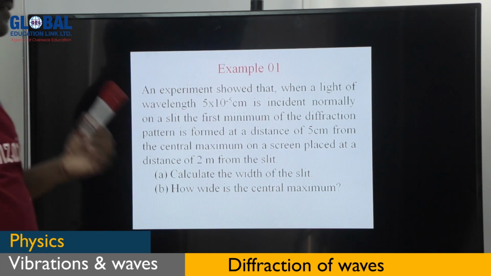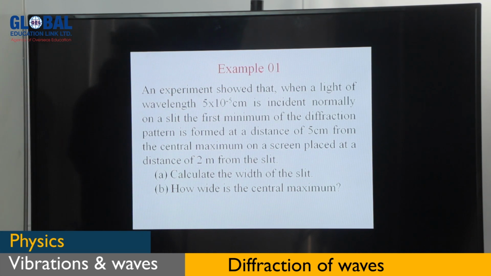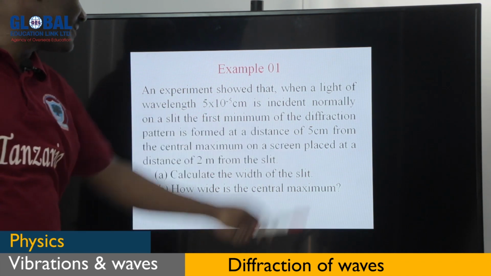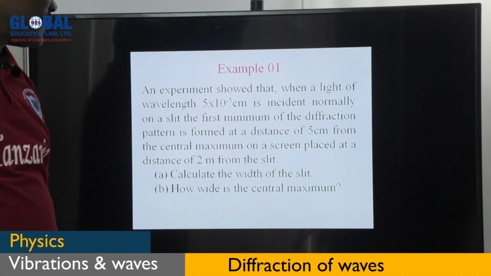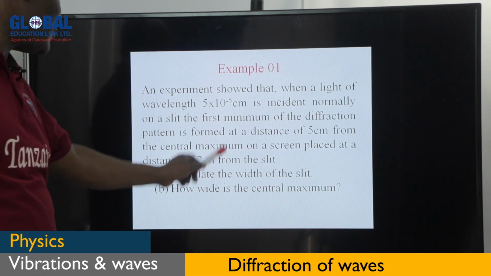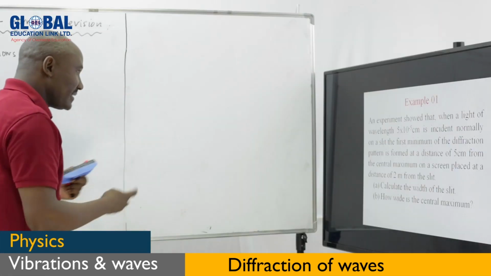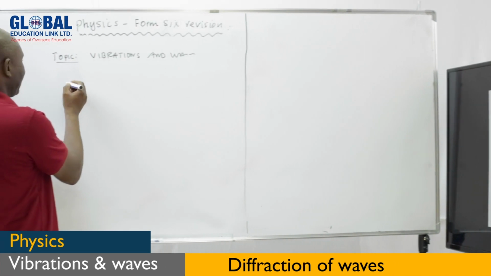Remember, I said you derive the formula for finding the position of the first minimum from the central. It is at a distance 5 centimeter from the central maximum on a screen placed at a distance of 2 meters. So from here, you can now draw the patterns.